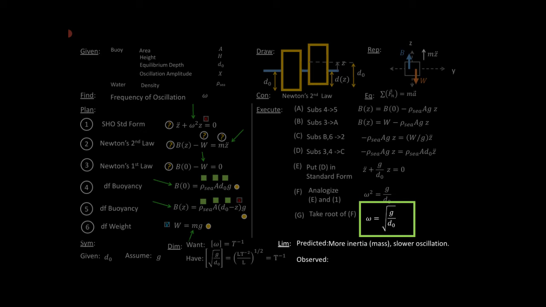So we've done two tests for this equation. The symbols were things that we have either in the givens or something we can assume because it's a universal constant, like the acceleration due to gravity. We're good with that. And then the dimensions are the same, right? The dimensions of omega and the dimensions of this ratio are inverse time. So that's also good.